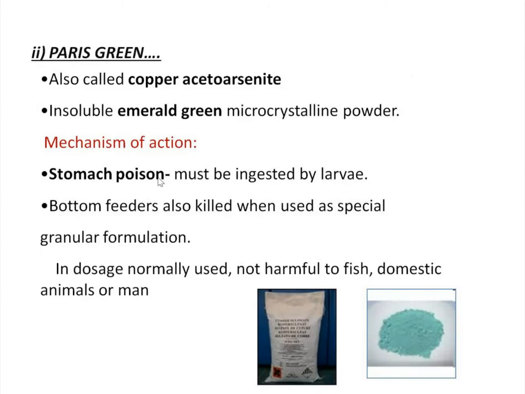When the chemical is ingested by the larva, it acts as a stomach poison and kills the larvae. It kills not only the superficial larvae, it also kills the larvae present at the bottom layers of the water if it is sprayed in a proper way. Okay, so that's about Paris green.